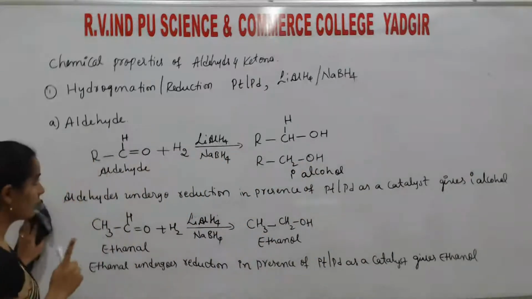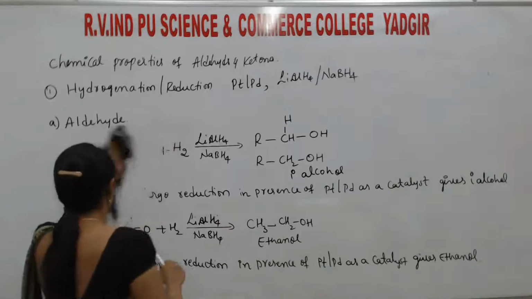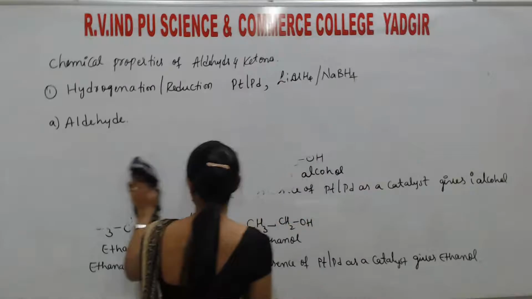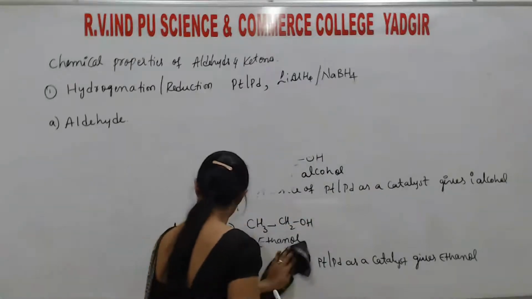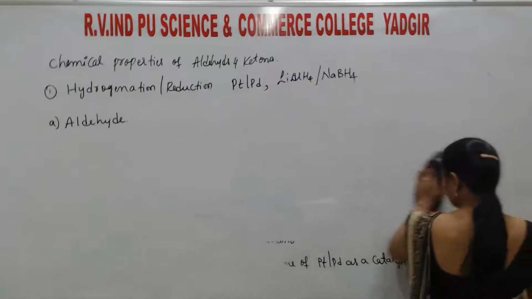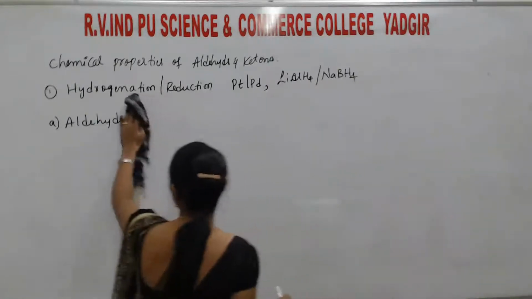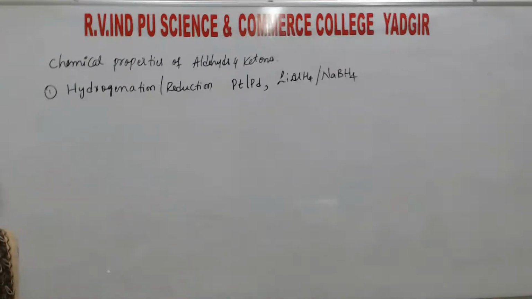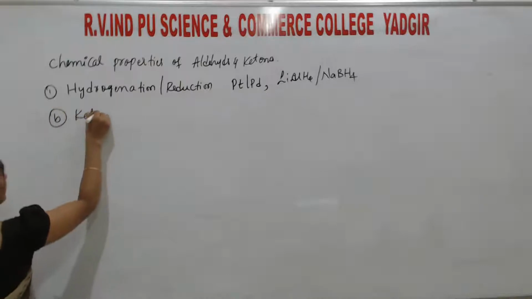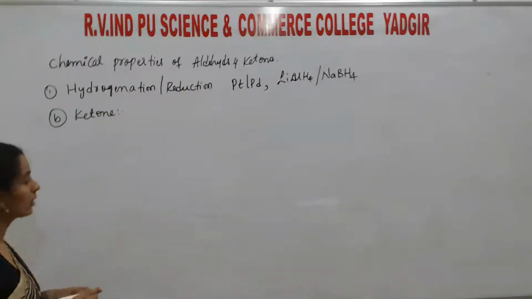This is one type of reaction using aldehydes. So the next one is how the ketones undergo reduction or hydrogenation. Ketone. Okay.